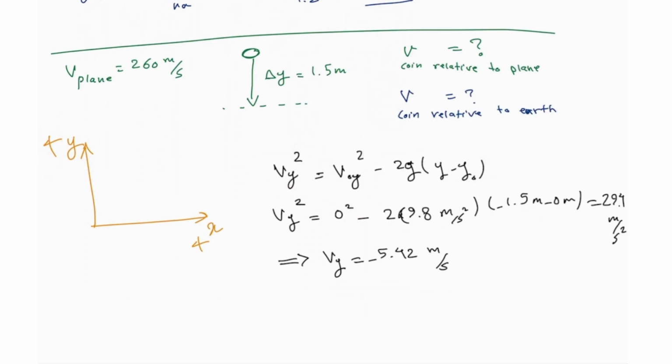But what about the velocity relative to the Earth? Again, since the coin is dropped from rest, the initial vertical velocity relative to the ground is also 0. Therefore, the final vertical velocity, or Vy, is the same as what we found relative to the plane, so Vy in this case is also negative 5.42 meters per second.